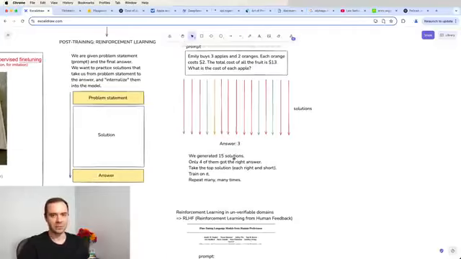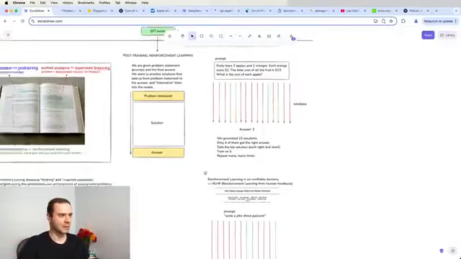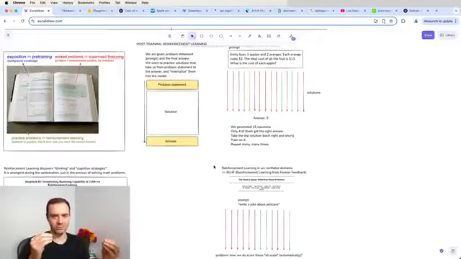Now, in these verifiable domains, you can run RL indefinitely. You could run for tens of thousands, hundreds of thousands of steps and discover all kinds of really crazy strategies that we might not even ever think about for performing really well on all these problems. In the game of Go, there's no way to basically game the winning or the losing of a game. We have a perfect simulator.